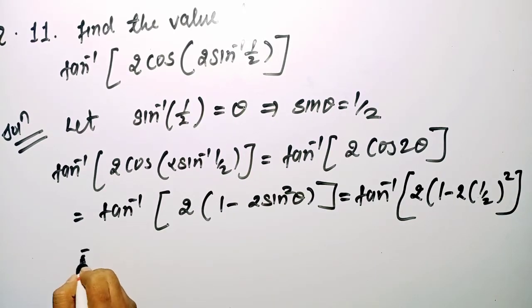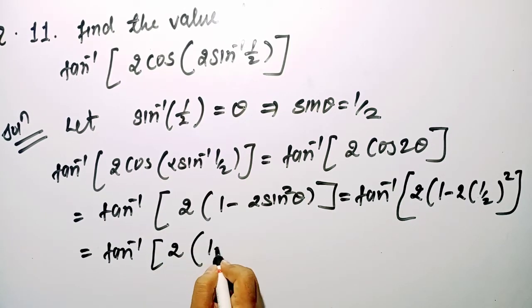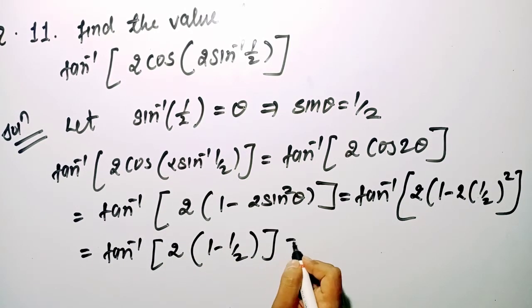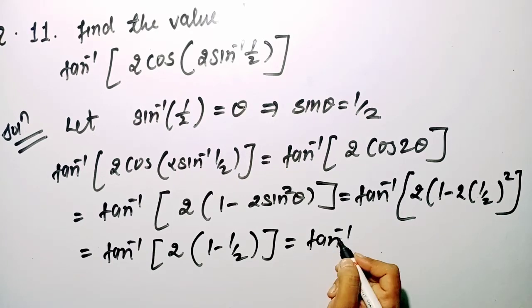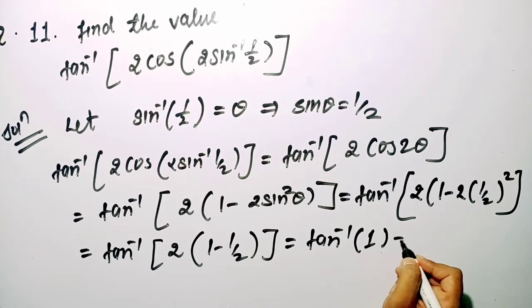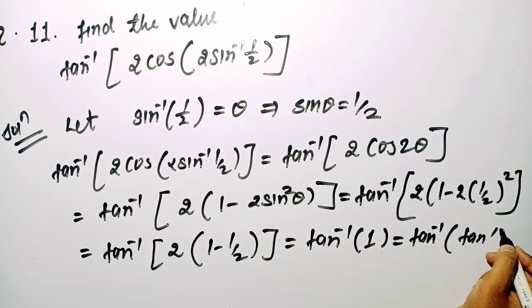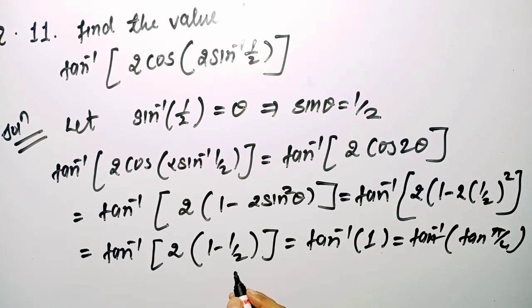Now students, we just have to simplify the term in the brackets, so tan inverse 2 in the bracket 1 minus 1 by 2, so simplifying, 2 minus 1, 2 will be cancelled out, so 1 will be there, so tan inverse 1 is tan pi by 2, pi by 4, sorry, pi by 4, so tan inverse will be cancelled out, so we are getting pi by 4.